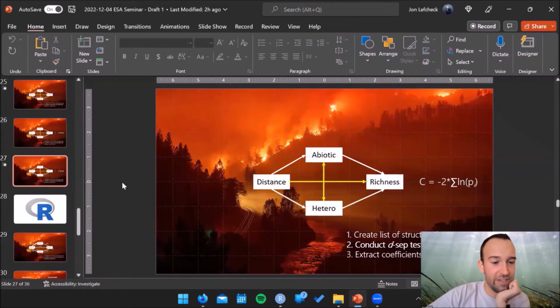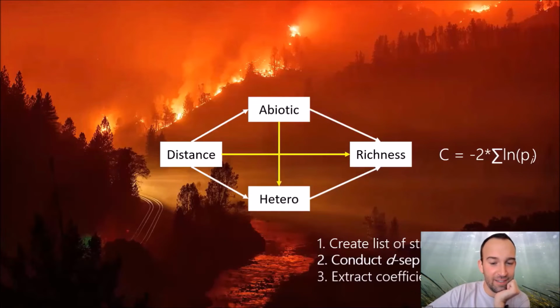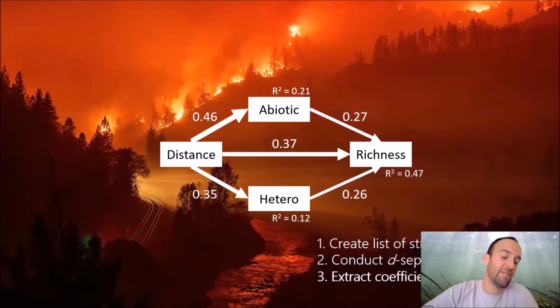I'm going to go back to the PowerPoint very quickly. This is flying by. And just show that after our iterative process, we took our original hypothesis, we fit it. It did not match our data. We revised our hypotheses, refit the model. It had adequate fit.